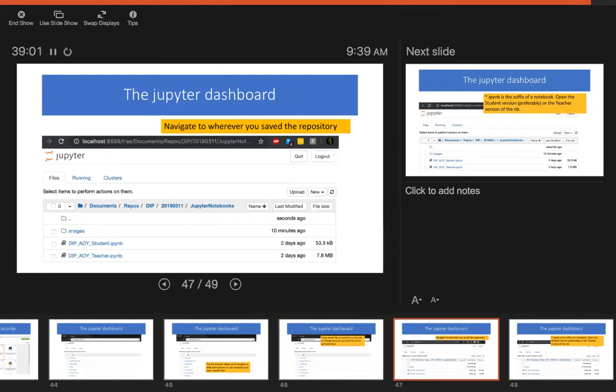Does anyone here use GitHub on a day-to-day basis? Just so I know. Yeah, good. Anyone who doesn't, you should probably think about it because it's a very useful tool that makes life very easy, to share code and keep yourself updated.